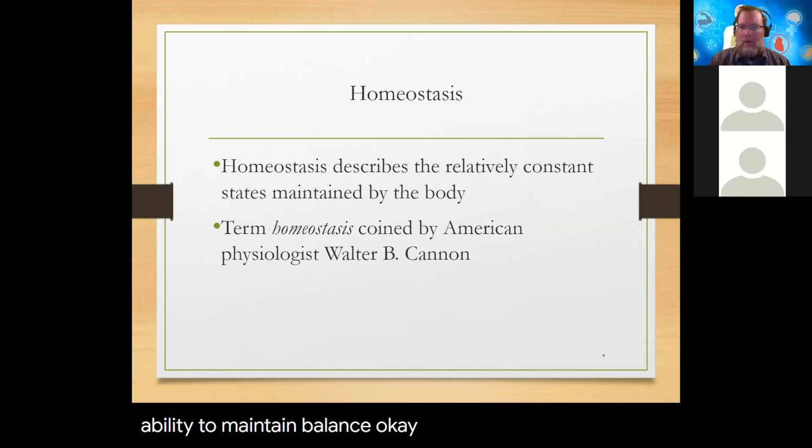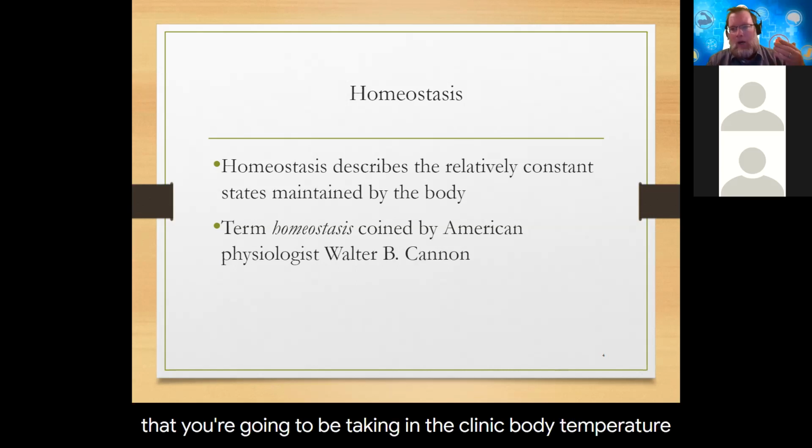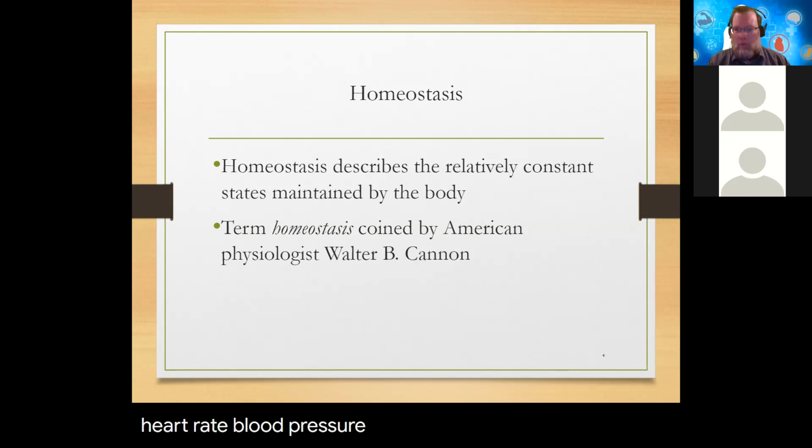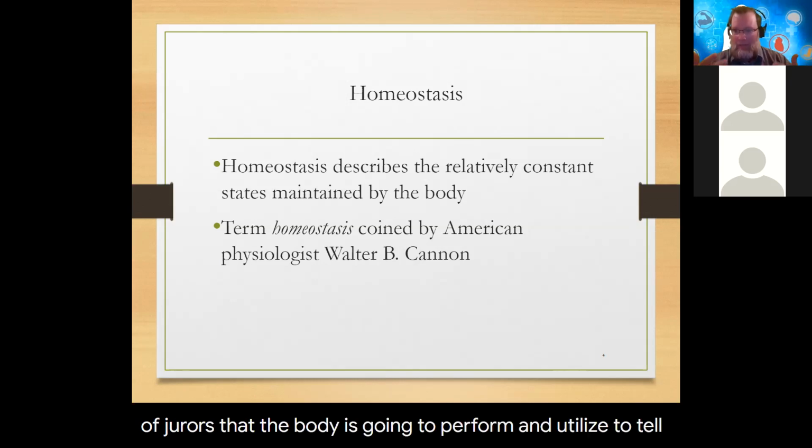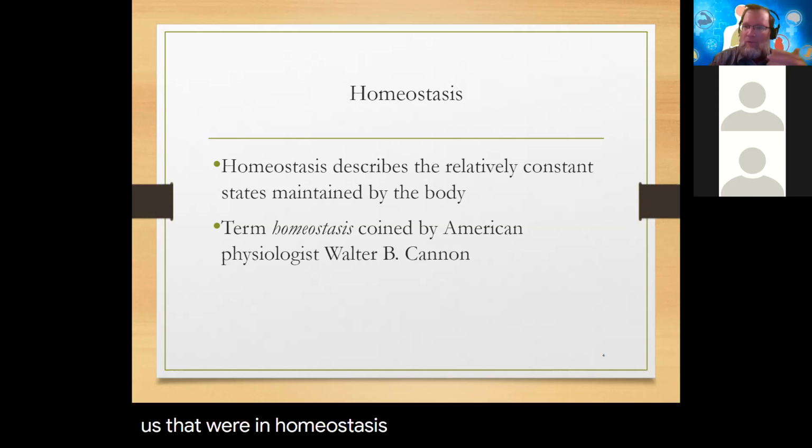Okay, and some of the vital signs that you're going to be taking in the clinic: body temperature, heart rate, blood pressure, respiration rate. These are all types of features that the body is going to perform and utilize to tell us that we're in homeostasis. If we're not at 98.6, we're above that, we're maybe in a fever state, that's a signal that we're not in homeostasis.